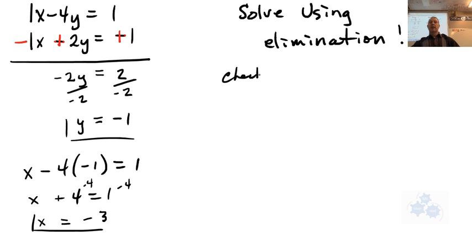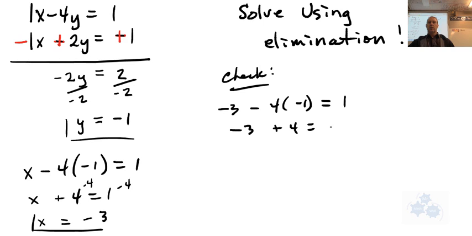Let's do a check. And the check should consist of plugging both these values into both equations to make sure that they make the equation true. So x is negative 3 and y is negative 1. So let's see if this works. Negative 3 plus 4 equals positive 1. That's great.